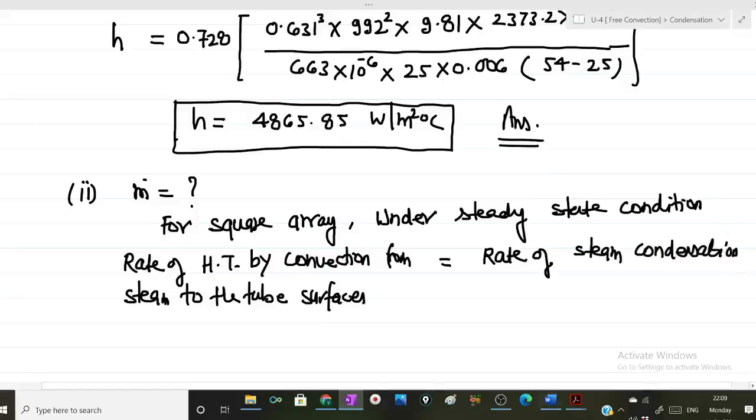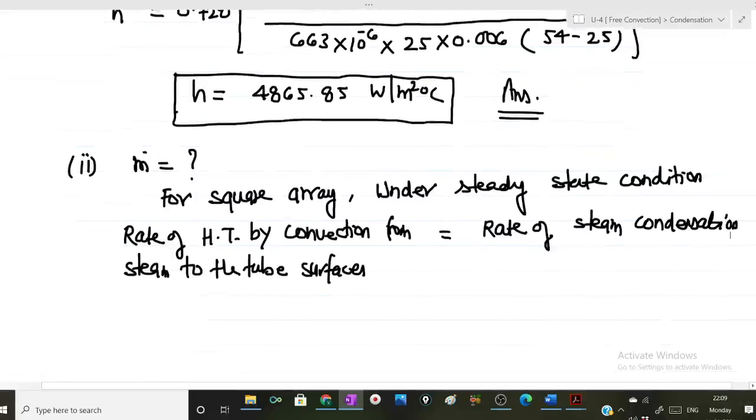Both these rates of heat transfer will be same under steady state condition.